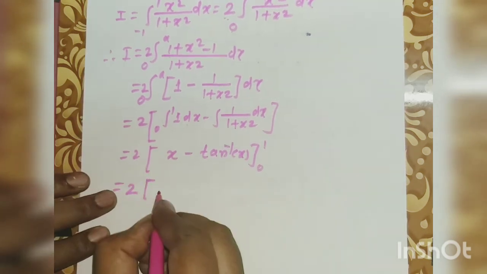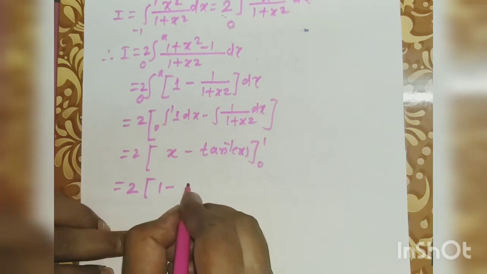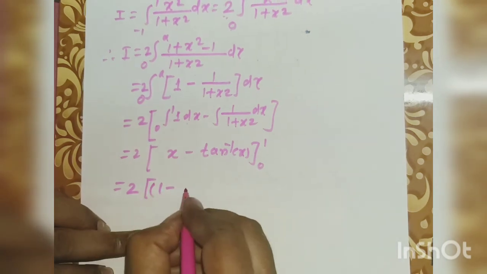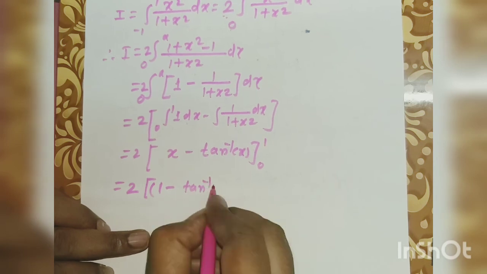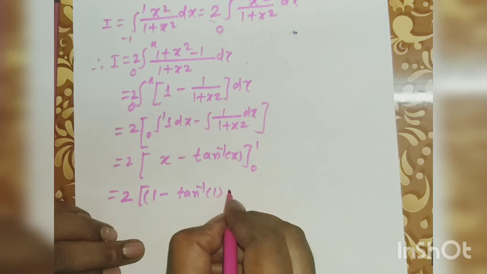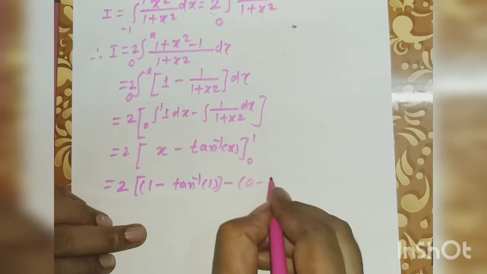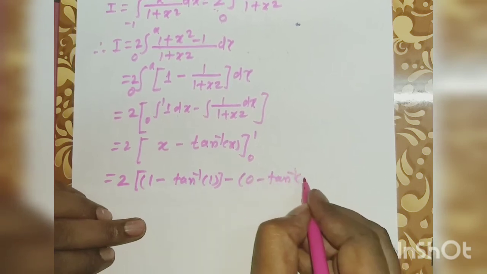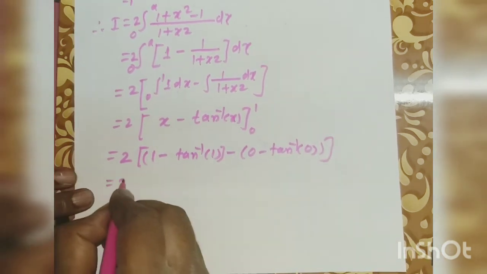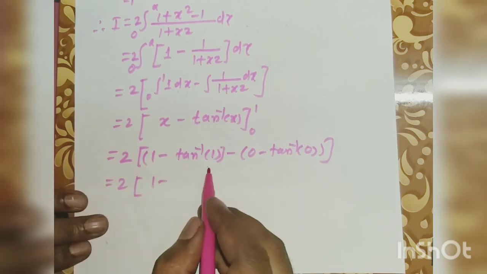Twice the bracket: first write the upper limit, 1 minus tan inverse of 1, minus the lower limit, 0 minus tan inverse of 0. Then twice the bracket of 1 minus tan inverse 1.